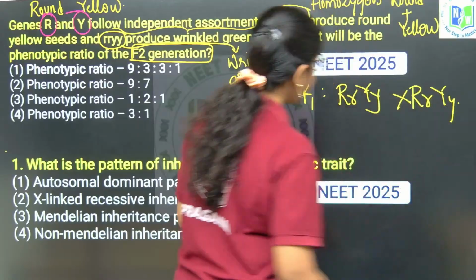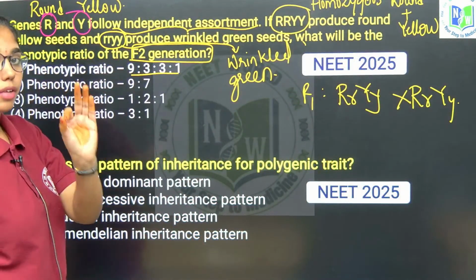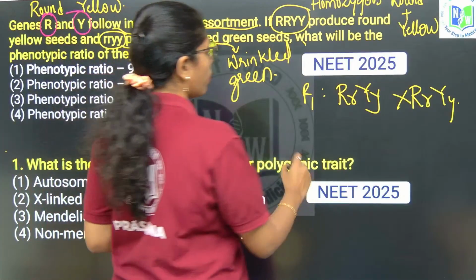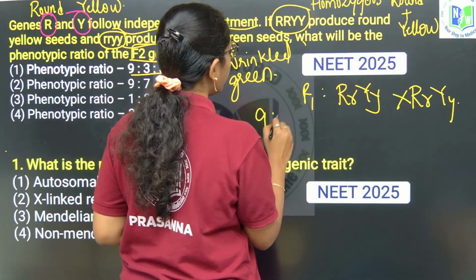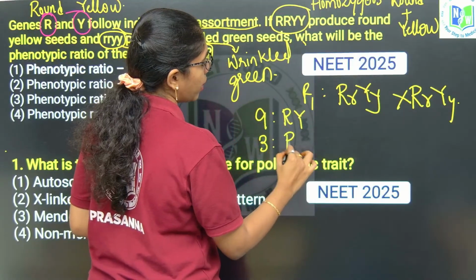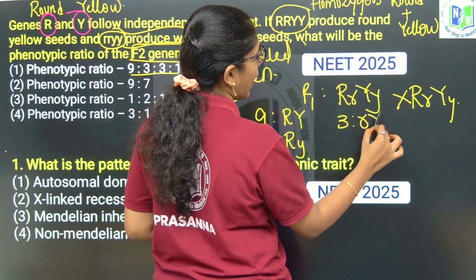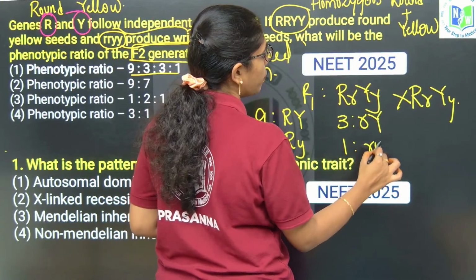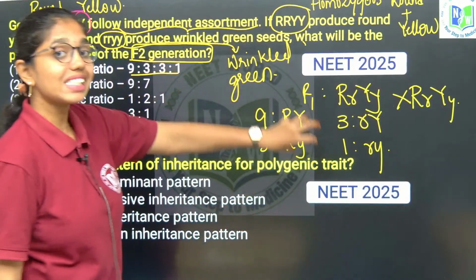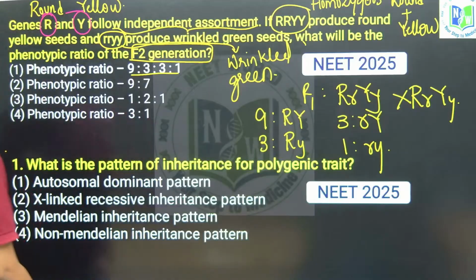After that you will get a 9:3:3:1 ratio, which is identified by the Punnett square, where 9 will be round and yellow, 3 will be round and green, 3 will be wrinkled and yellow, and 1 will be wrinkled and green. This is the phenotypic ratio that you are going to get, remember that. So here the answer will be option 1. Understood now beta?